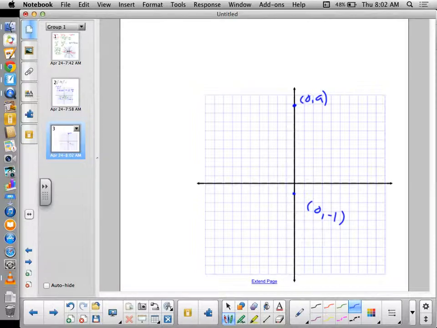So 9 plus -1 is 8, so that gives me 4. There's the center of my hyperbola. It's obviously going to be opening up and down if those are the foci, right? Foci have to be inside the curve.